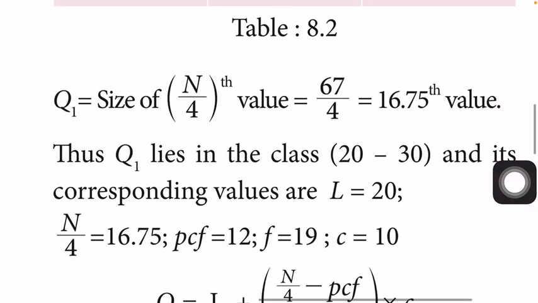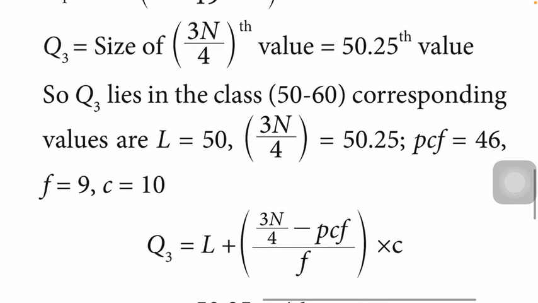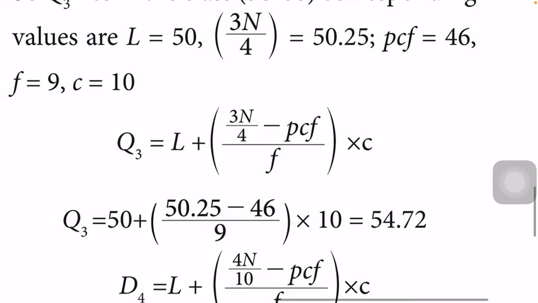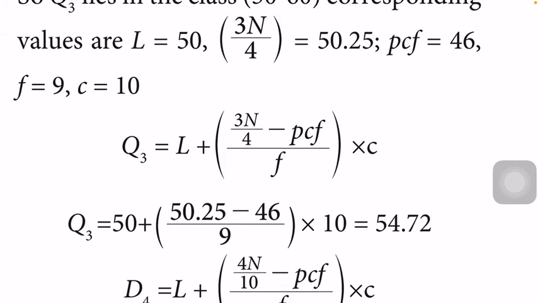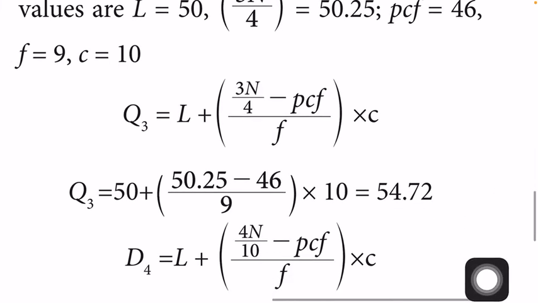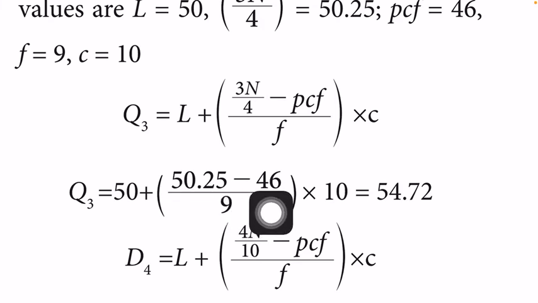Substituting, Q3 is 50 plus 50.25 minus 46 divided by 9 into 10, which is 54.72. First we subtract, then divide, then multiply, and finally add 50. We use the BODMAS rule.